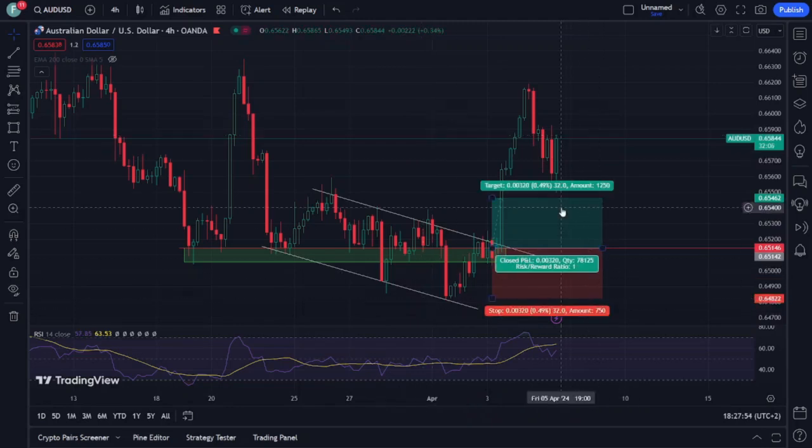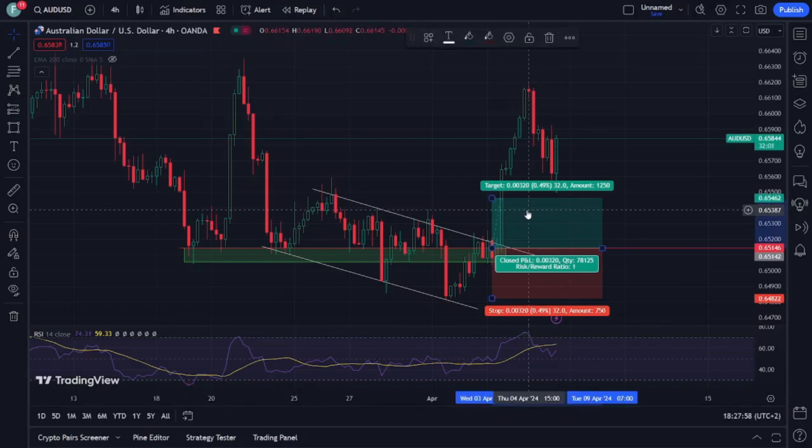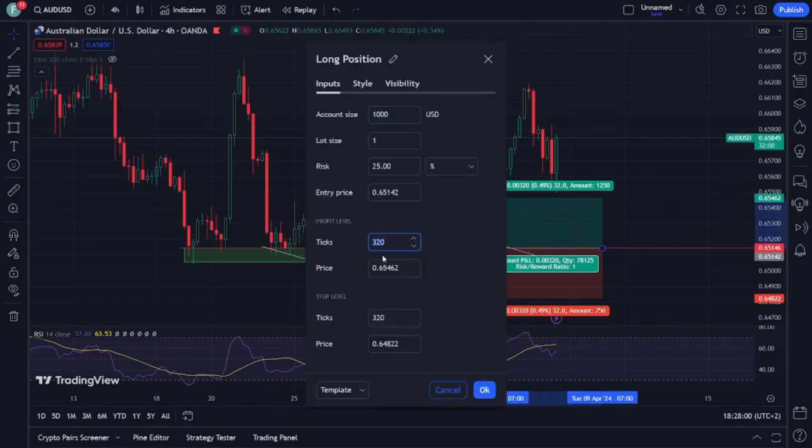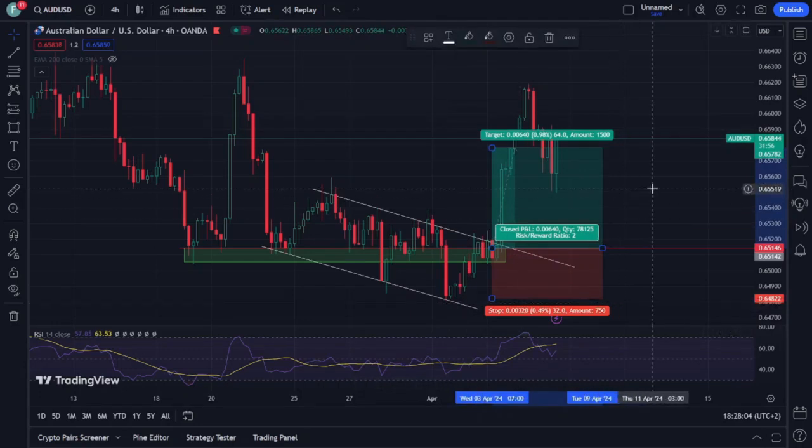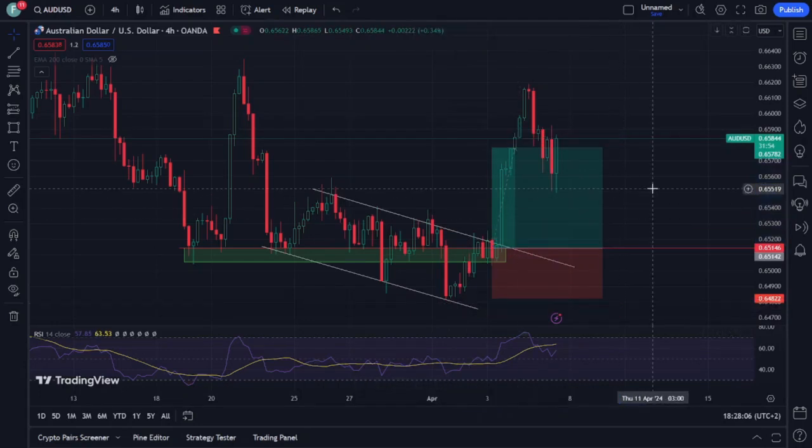Now you'll be looking at the first TP, and the second TP becomes 640, depending on how you put your stop loss. And once you can hit TP1 and TP2, then you are done. The third TP is a bonus, right?